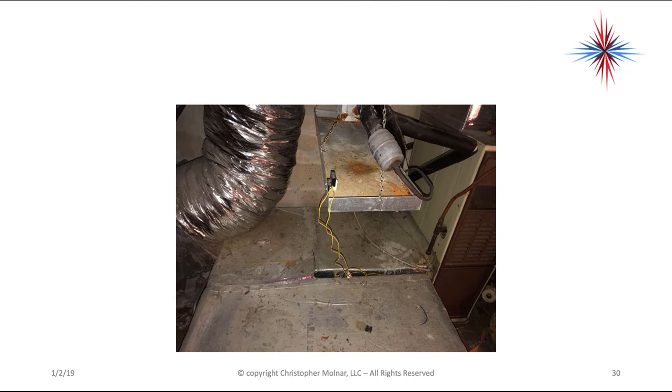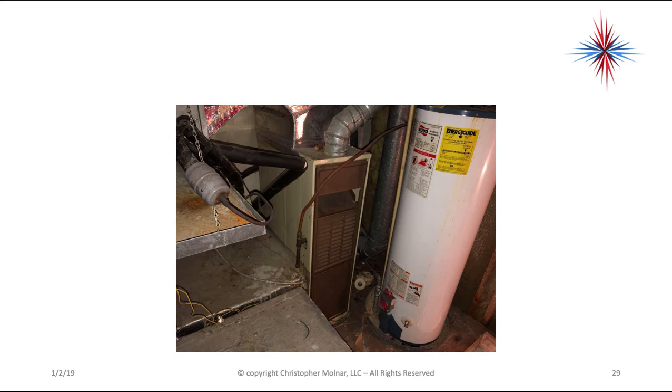Okay, needs a new return plenum. And probably needs to take a look at where that water heater is with respect to the return of the furnace. If it needs to stay there, it needs to be sealed 100%.